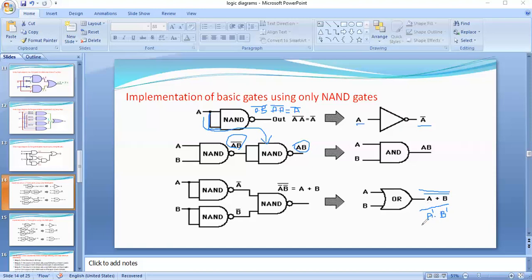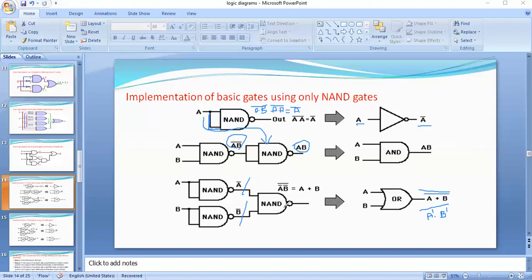From this expression I'm going to realize the OR gate using NAND gates. See here, I am implementing A bar using a NAND gate, and here I am implementing B bar using a NAND gate. After that, these two are given to the dotted operation, and we have a complement also, so we may use a NAND gate here.